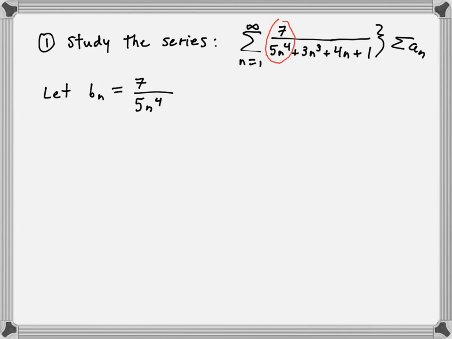So what can we say about this series and this one? Which one is bigger? Well, I want you to think about it. The one on the right has a larger denominator, so therefore it must be smaller. So this guy is bigger. Okay, so this is true.